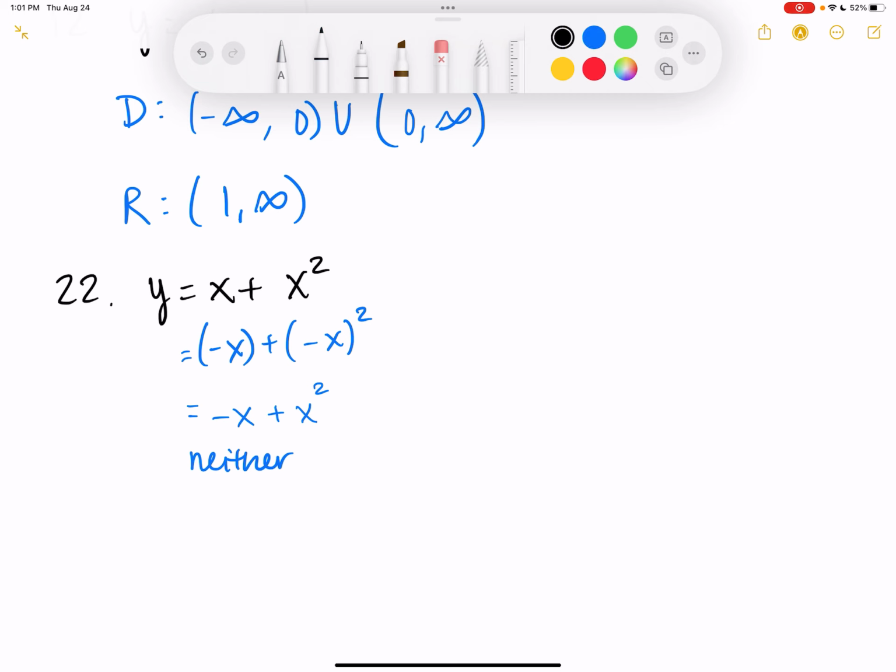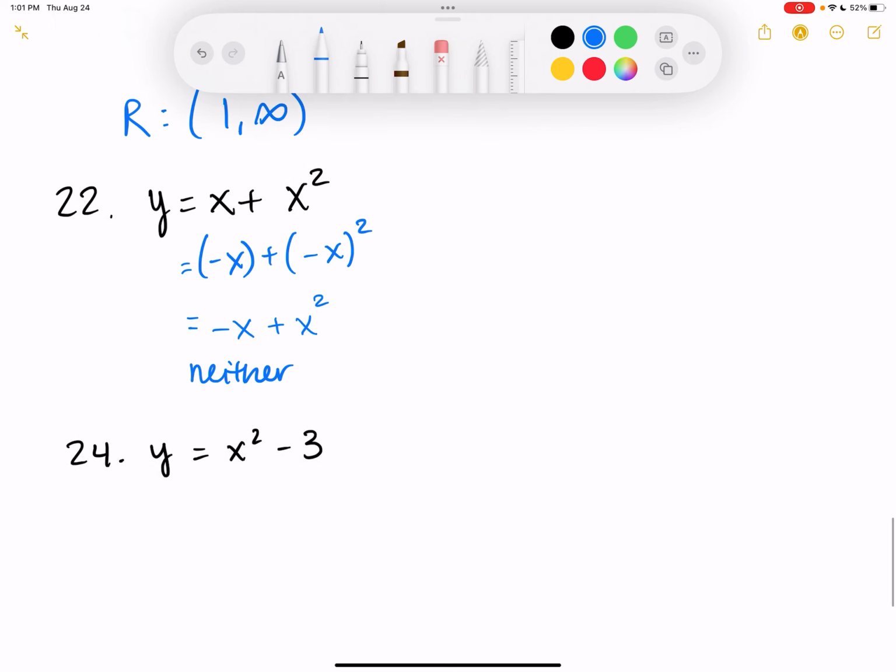All right, this next one we should be able to just look at and know what's going to happen. This should be one that we don't really need to write anything down. See if you can tell me why. It's even, because when you do negative x, negative x squared just becomes x squared, and the minus 3 doesn't change.